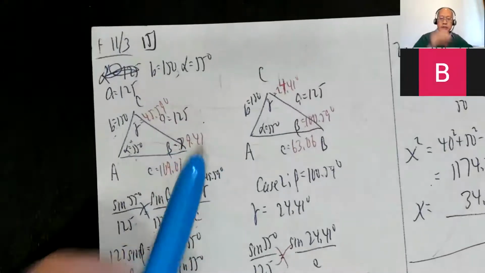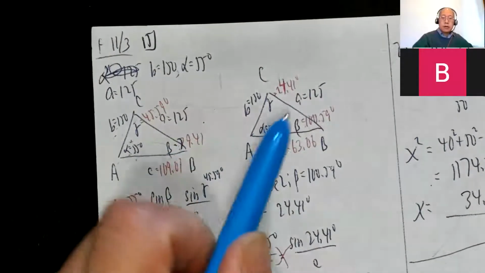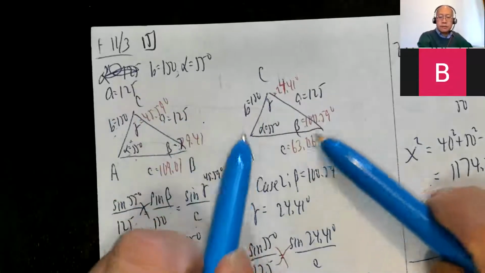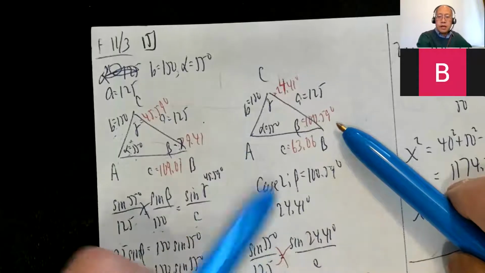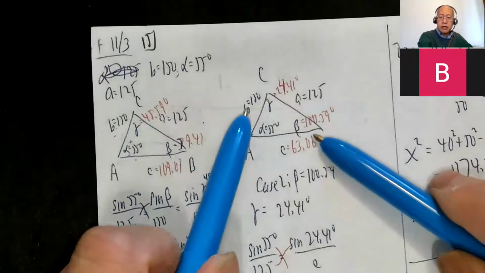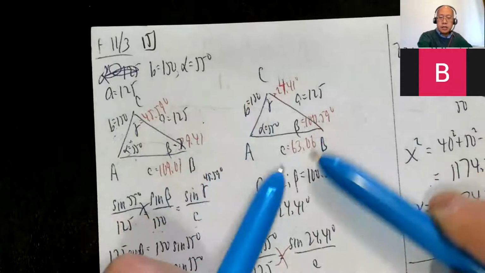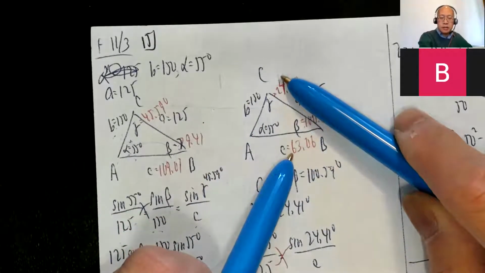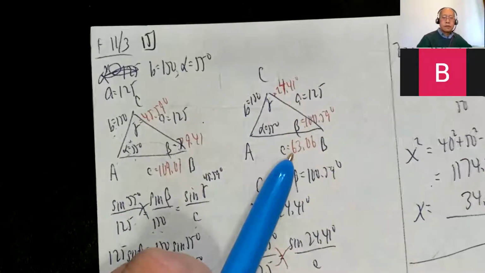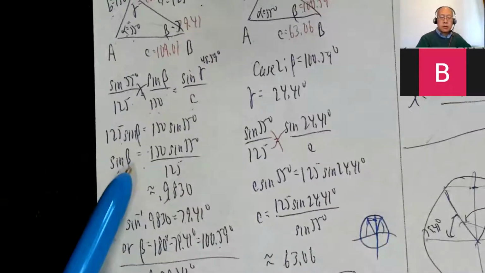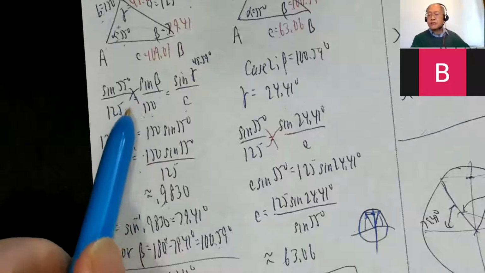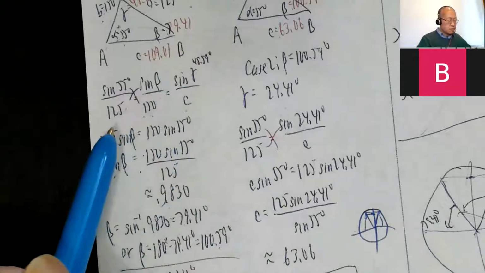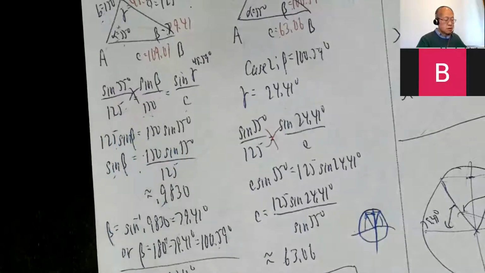So I have two possible triangles that satisfy all of this. Again, a quick double check. Largest angle, largest side. Yes. Smallest angle, smallest side. Yes. Right. So this is sometimes called the ambiguous case of the law of sines, with two possible answers.